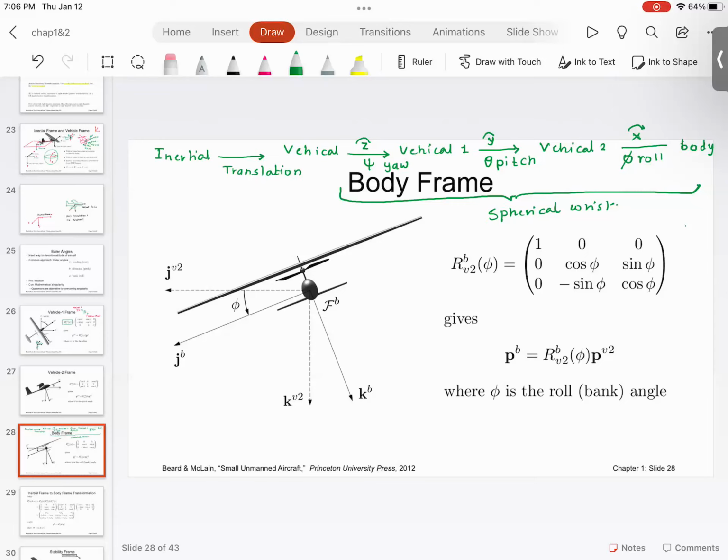translational acceleration. Now, please note, those angular rates are measured in the body frame. The body frame is already transformed from vehicle frame to vehicle 1 frame to vehicle 2 frame to body frame. Do you agree with me? But the sensor data in the body frame has to be used to find the absolute orientation and absolute position of the aircraft.